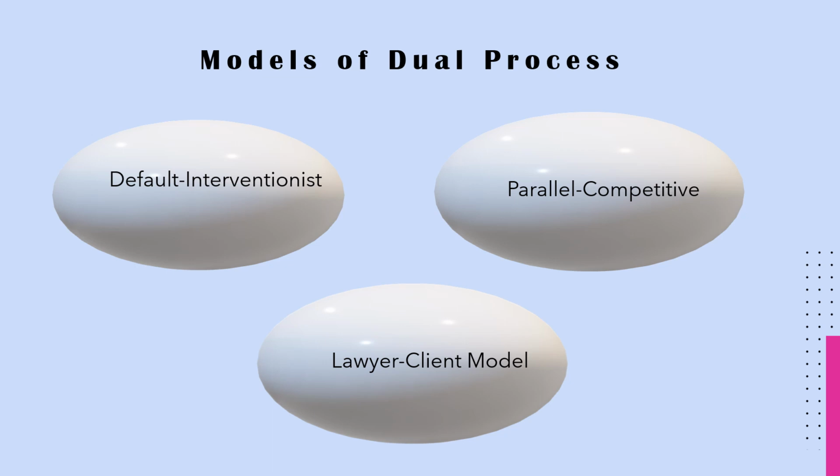Now, the lawyer-client model suggests that all that the type 2 processes do is provide a post hoc rationalization. In other words, they give an after-the-fact rationalization of why decisions were made, but they don't actually reflect the real reasons why those decisions were made, because type 2 processes don't really understand what type 1 processes are doing. So this is an idea that type 2 processes, our rational brain, is not as effective or useful as we take it to be.